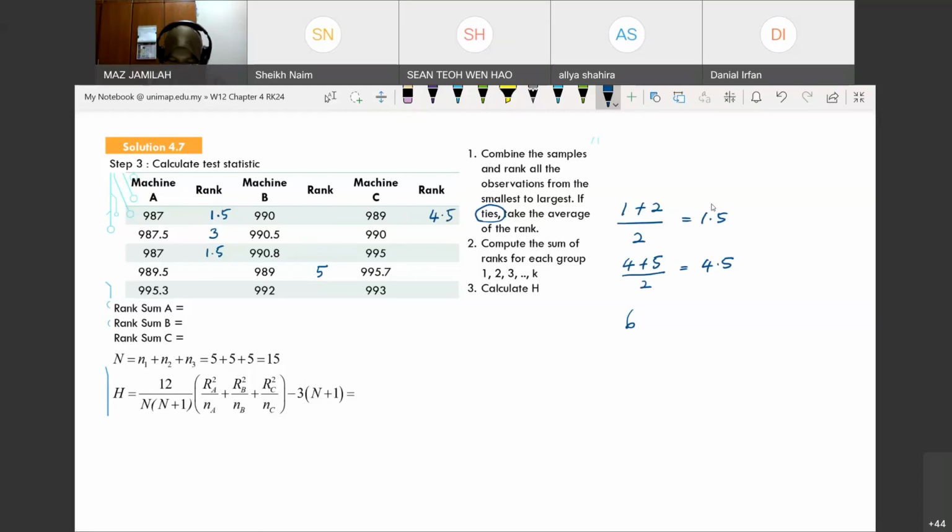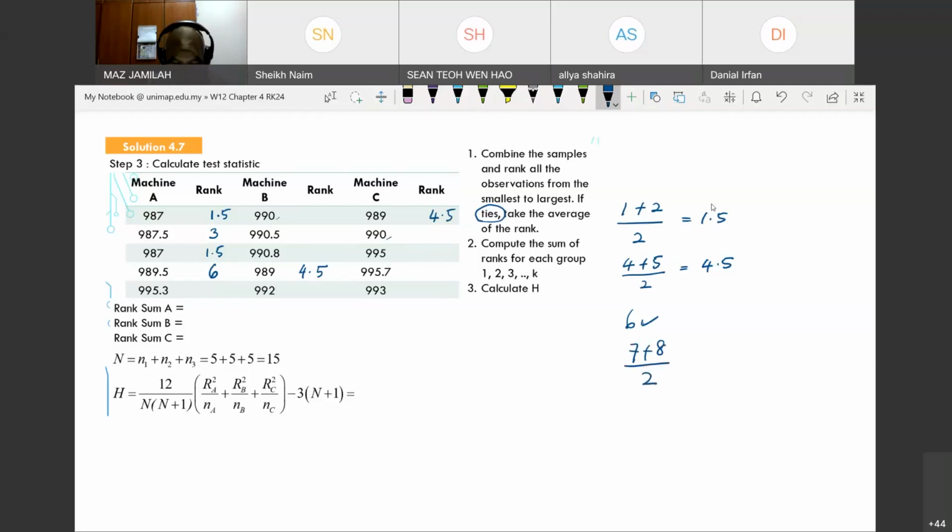Then proceed with number 6. Number 6, next after 989, would be 989.5. Then number 7 would be 990, and it seems that you have two 990, so you have number 7 and number 8.